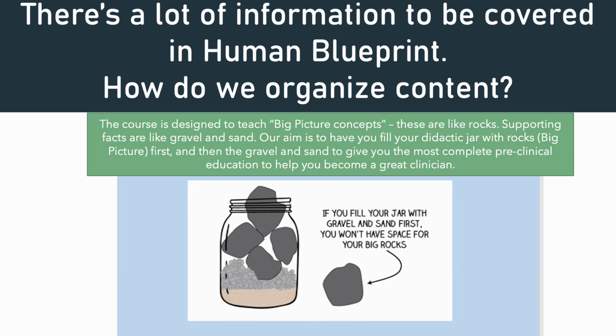That is the big picture concepts, and then let the gravel and sand fill in around them. Because if you pour the sand in first, those big picture concepts, the rocks, they're never going to fit in your jar. Building your knowledge this way gives you the most complete preclinical foundation, and that's what's going to help you become a great clinician.